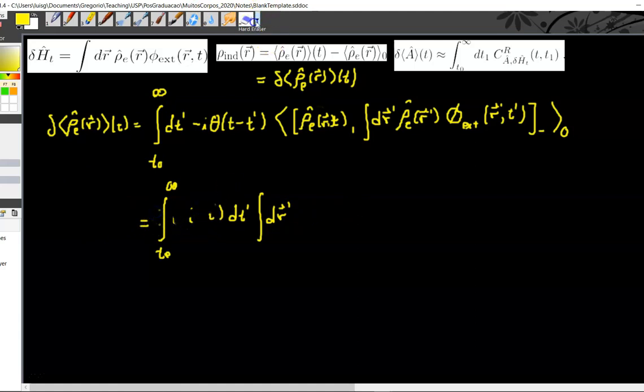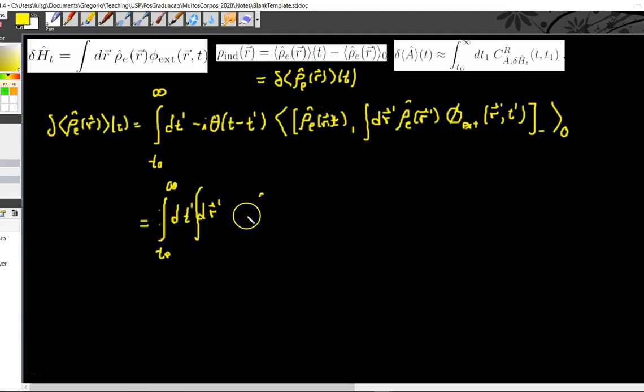Let's do the whole thing. dt prime, there's dr prime here, also an integral.